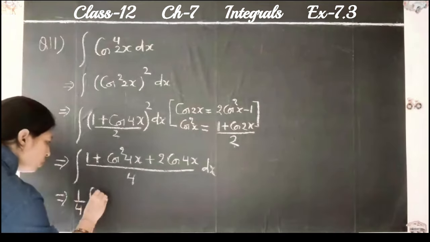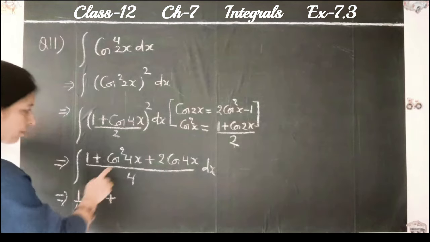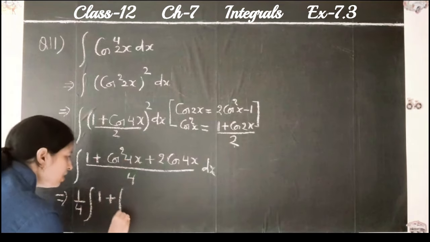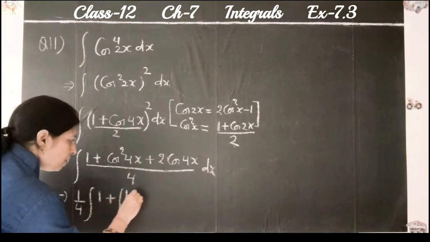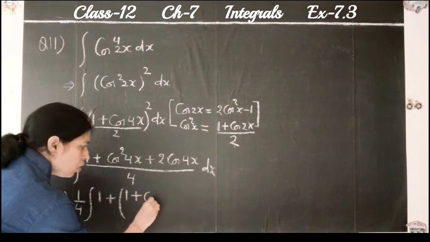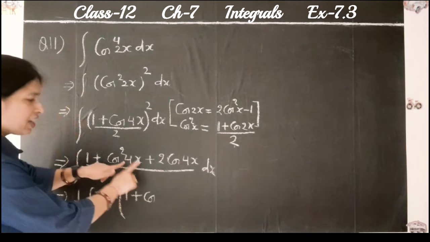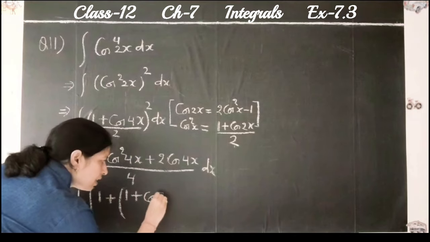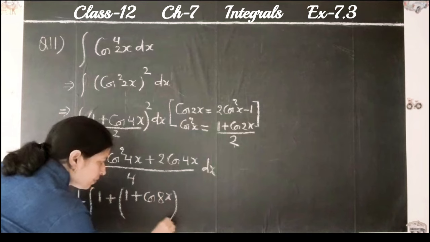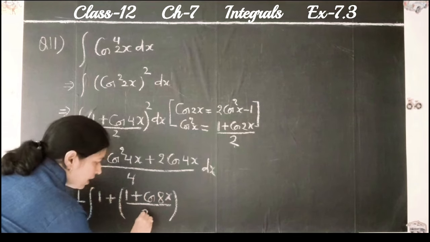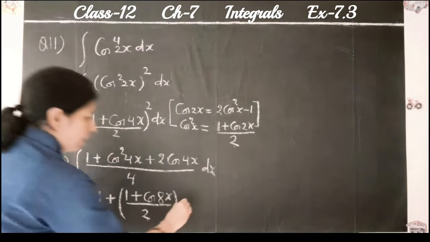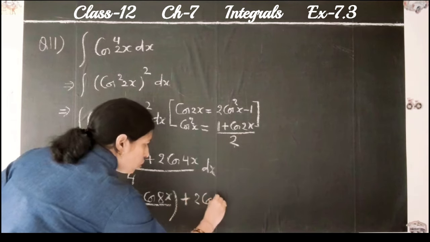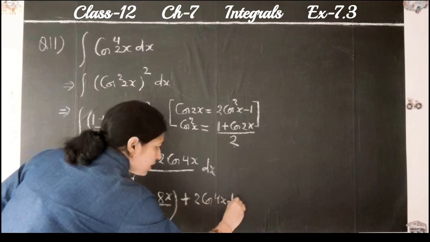Then write 1 plus, in place of cos square 4x, we have to write (1 plus cos 8x) divided by 2, since in place of x it is given 4x so 2x will be 8x. Plus 2 cos 4x, dx.